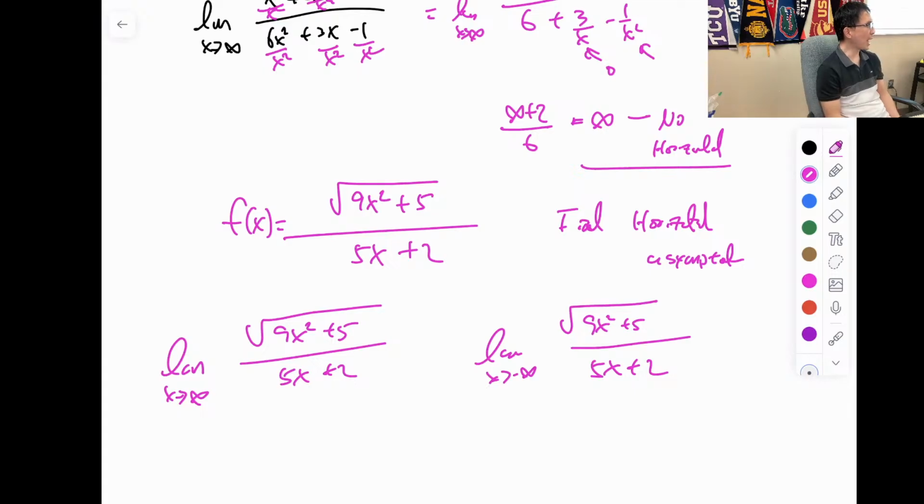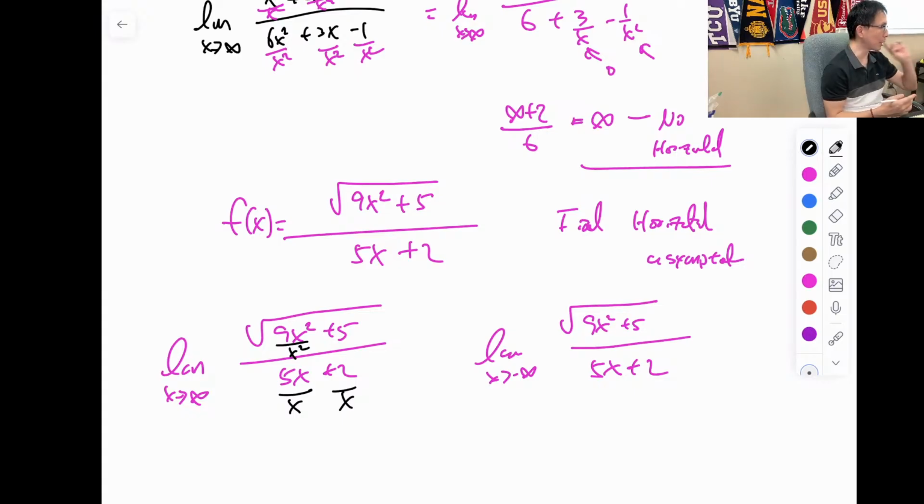But now, what's the highest degree on the denominator? X. Okay, so let's divide this by x. Is that okay? But the problem is on the top, there's a radical. So what do I divide it by inside the radical? Why do you think it's x squared? X squared is absolutely right. Yeah, because the square root of x squared is still x, right?